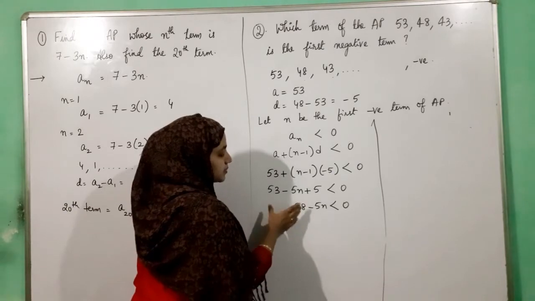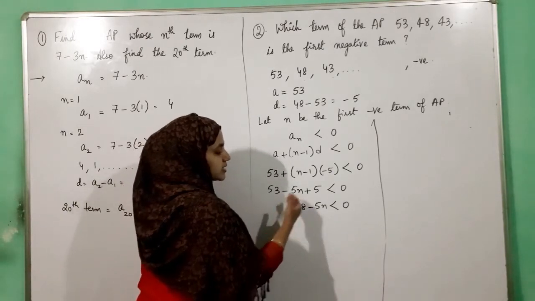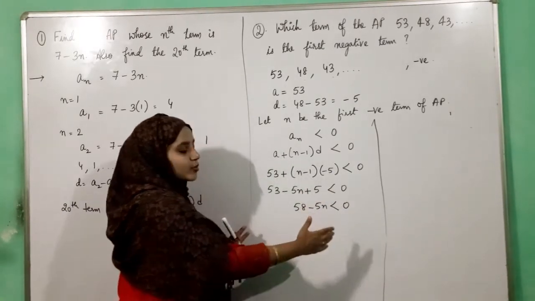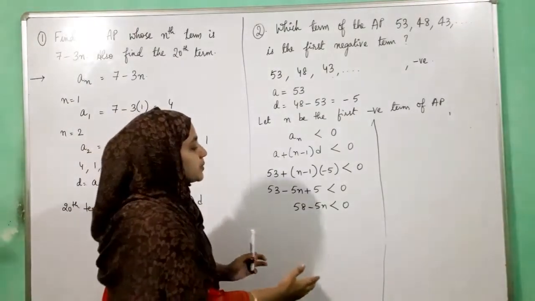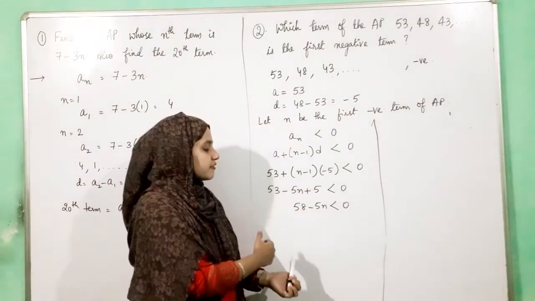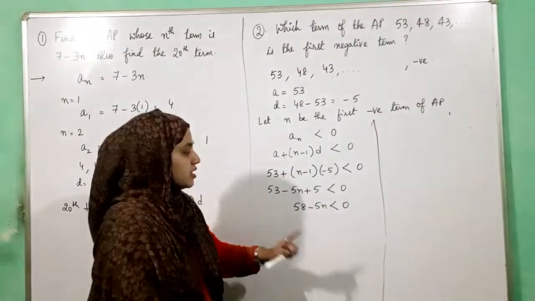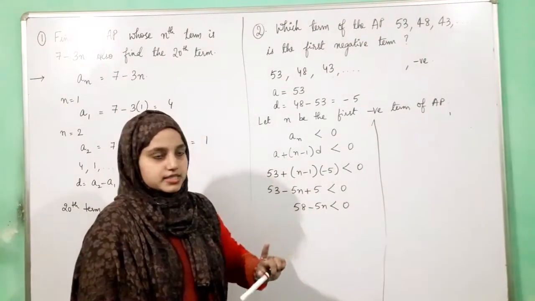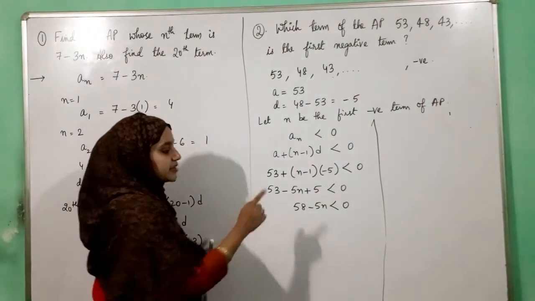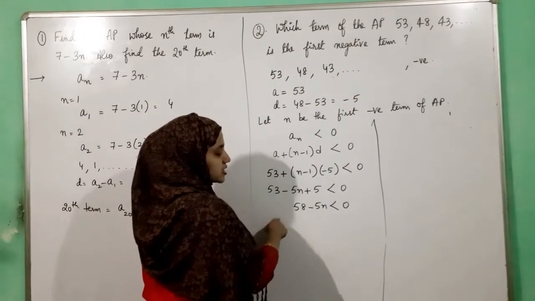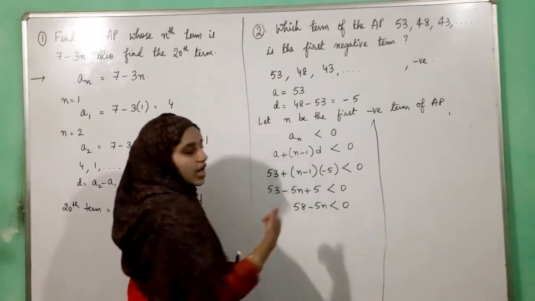So what is it? If I am adding something on the LHS, I have to add the same thing on the RHS to keep the equation balanced. Similarly, if I am subtracting something on the left hand side, I will have to subtract the same number on the RHS as well to keep the equation balanced. If I am dividing the LHS, the same thing I have to divide the RHS with also.